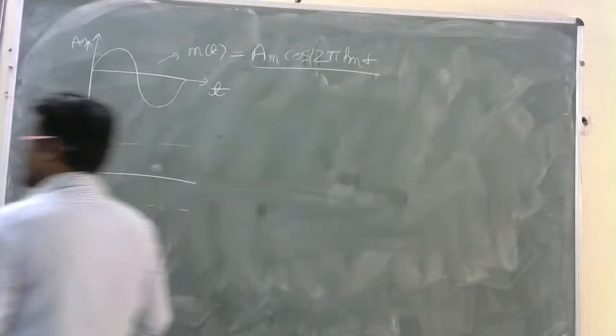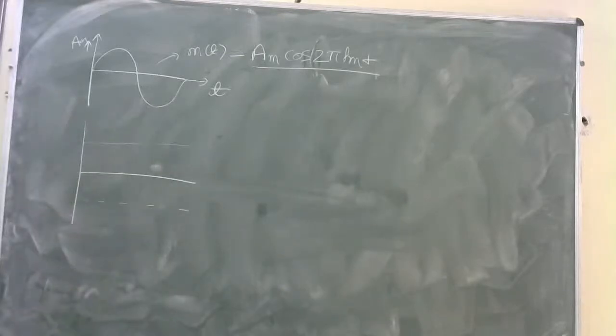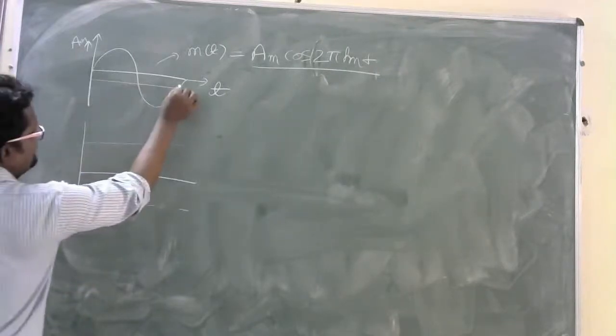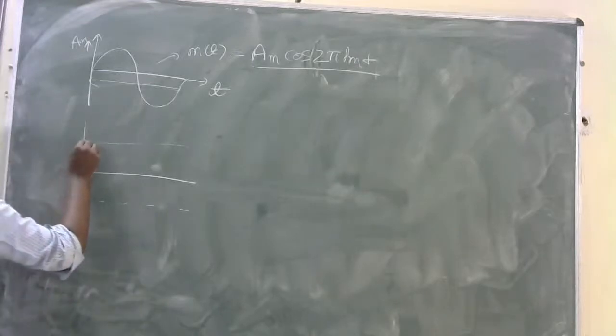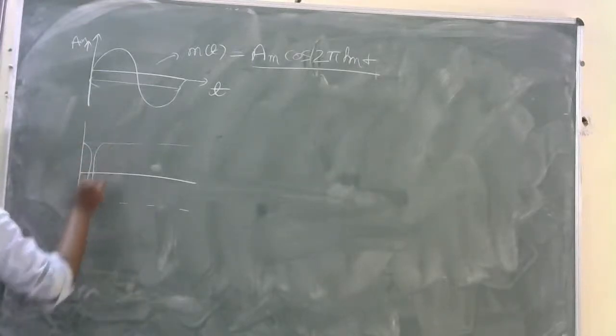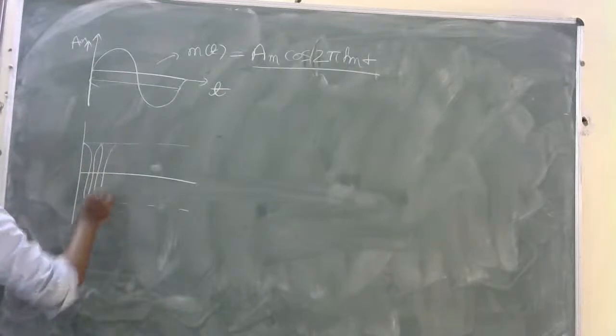Now we know that the frequency of the carrier is higher compared to the message signal. If the frequency is higher, the time required to complete one oscillation will be lower. So if I represent the carrier signal, it will look like this.